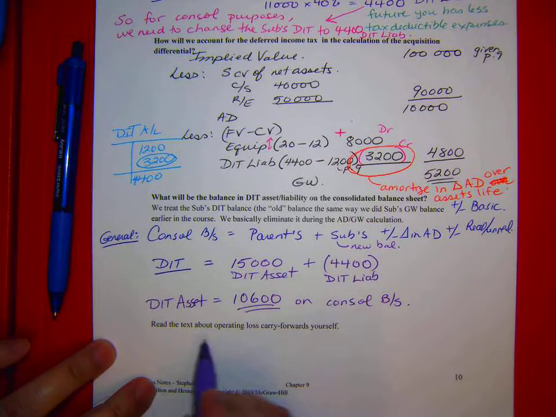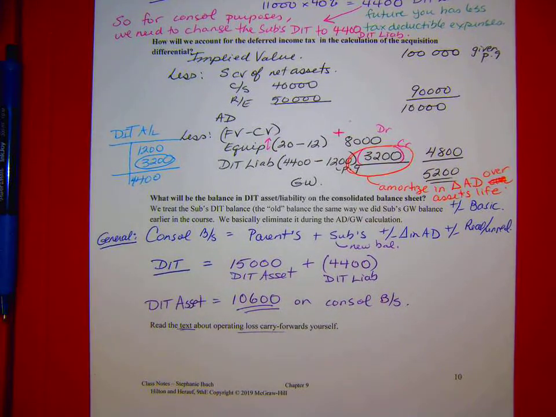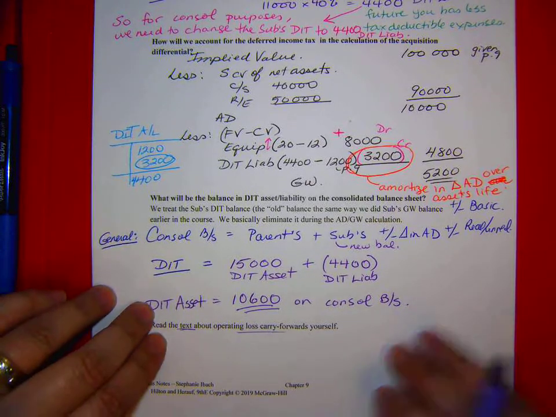Okay, so you can read the text about operating loss carry forwards yourself. Not a big deal about that. But that is pretty much the end of this chapter. There's just one little section on segment disclosures that I want to talk about on page 11.